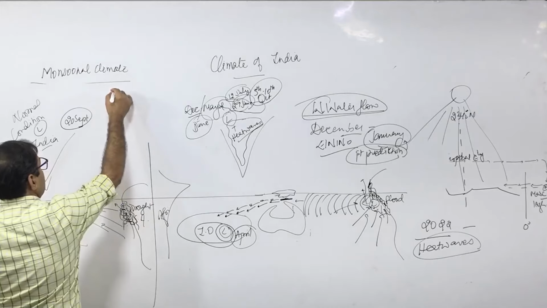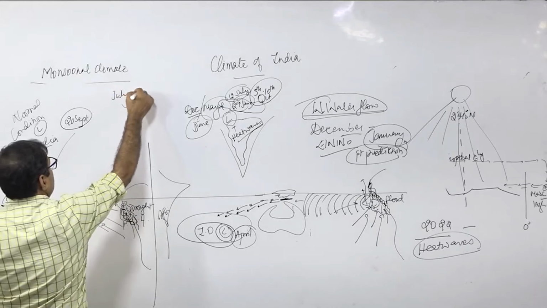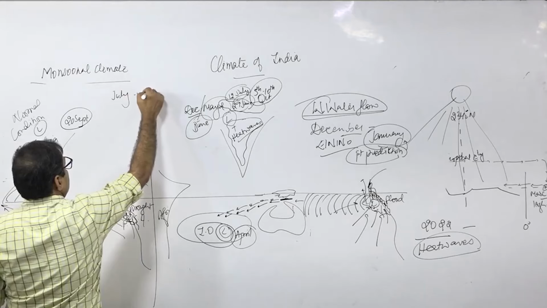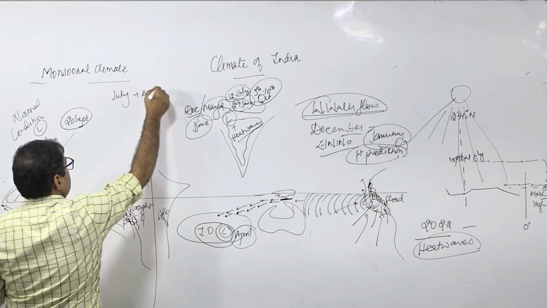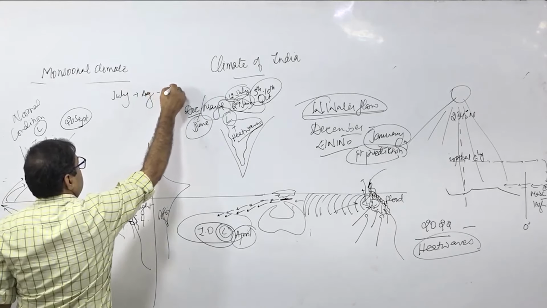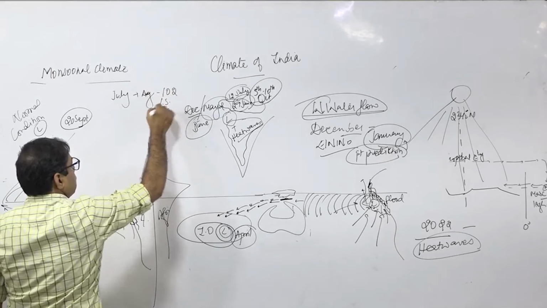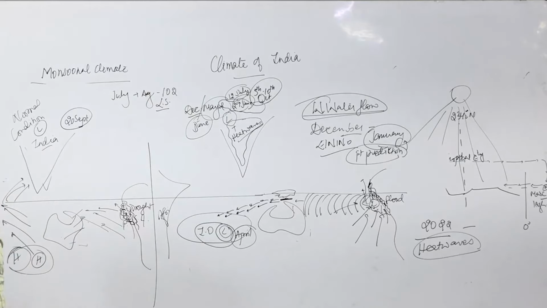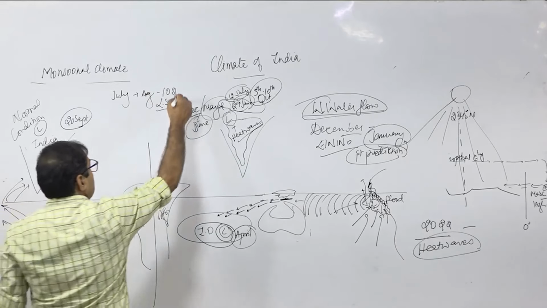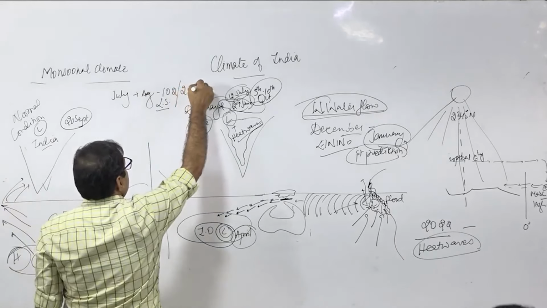There was in the month of July to August. From the month of July to August, there were 102 incidents of landslides in 1 month only in the year 2022.